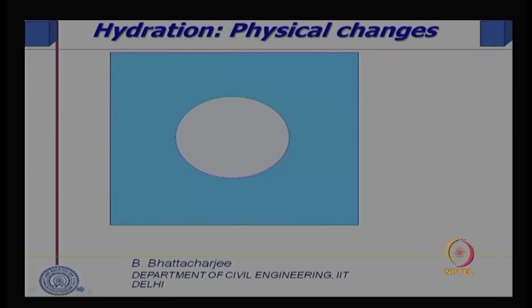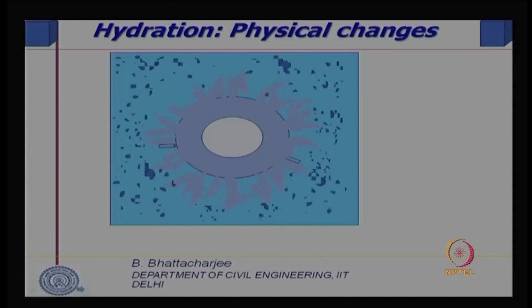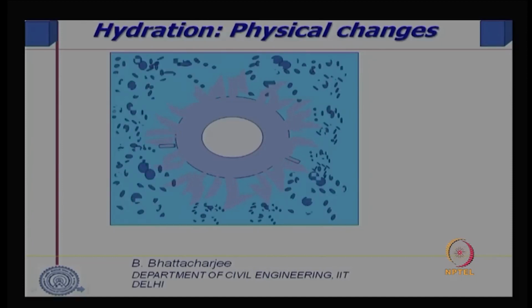Now, let us say hydration proceeds. As the hydration proceeds, you see the product that would be formed; this portion, this cement has been consumed. The water comes from outside, the hydration proceeds means water has reacted with the cement from the outer surface.